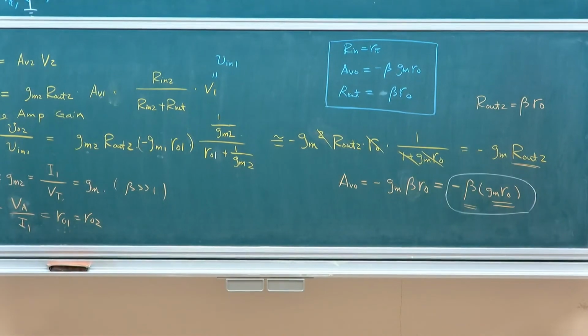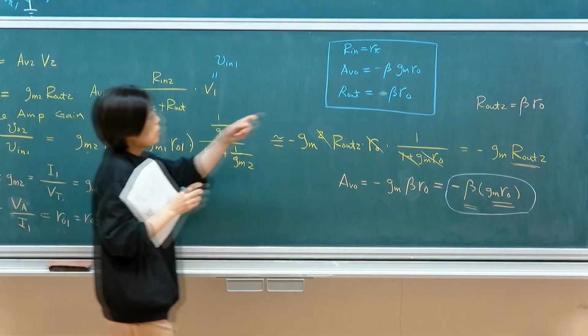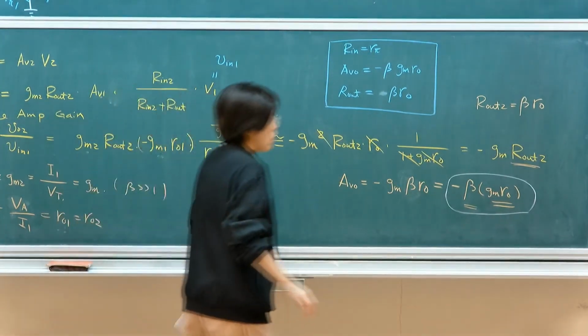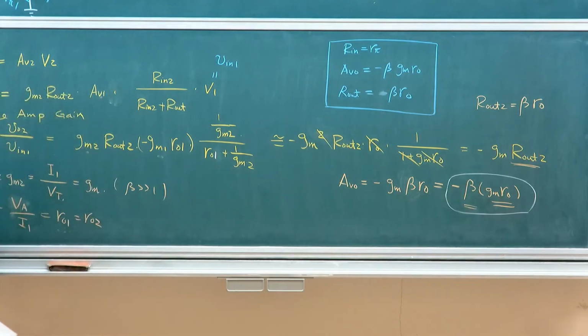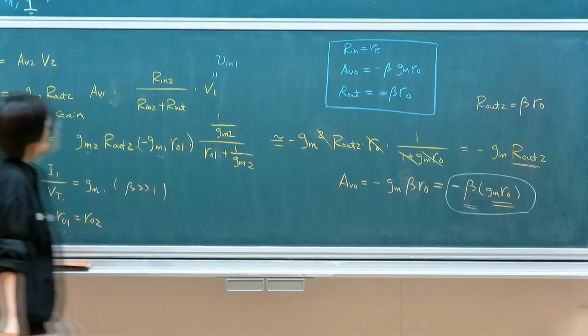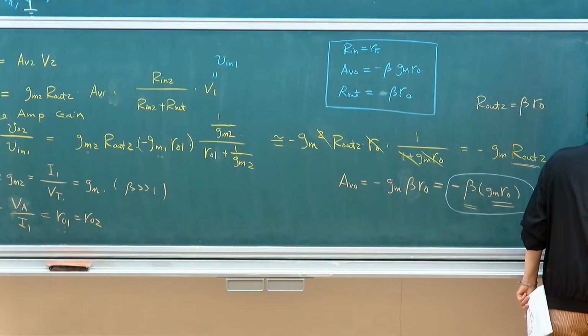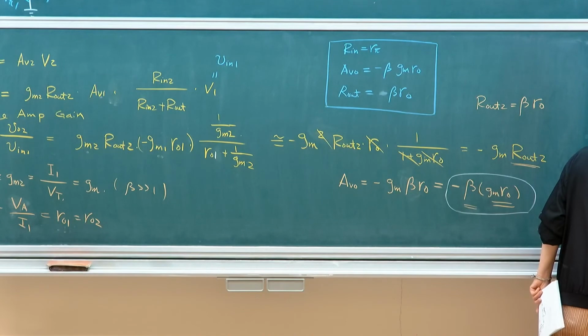So that's the summary for the cascode amplifier. We look for three key parameters. We're going to do the same for the cascode MOSFET amplifier. It's the same. As I said, based on this, this is a common source stage.